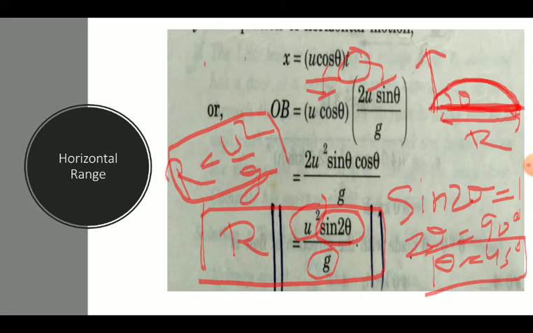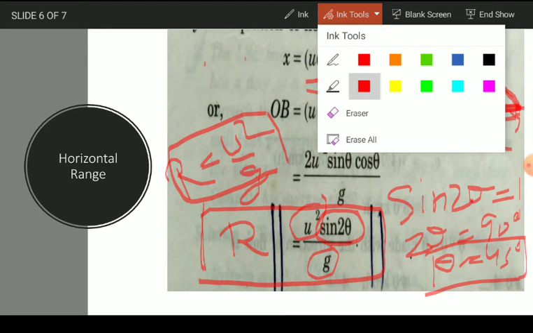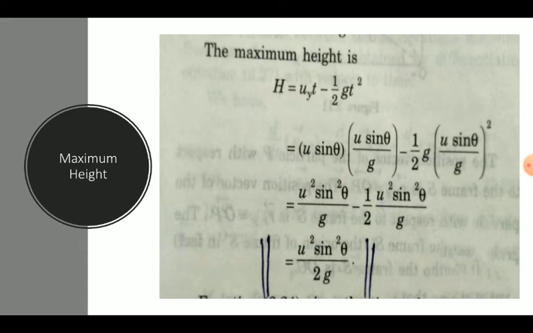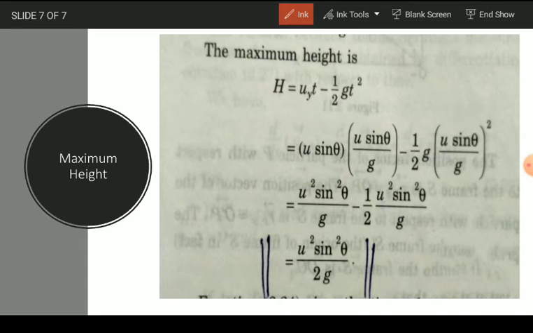So this is also a very important question in this context. Now another concept which needs to be understood is the concept of maximum height. It is the maximum vertical distance covered by the projectile during its motion.